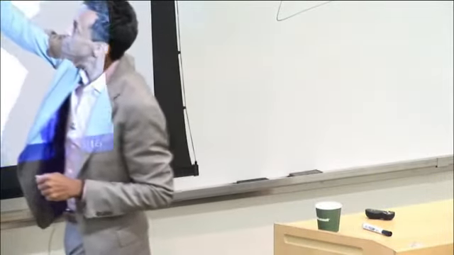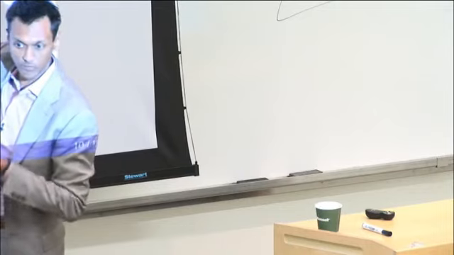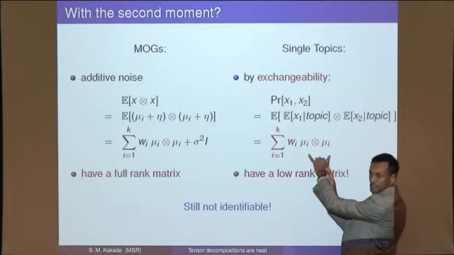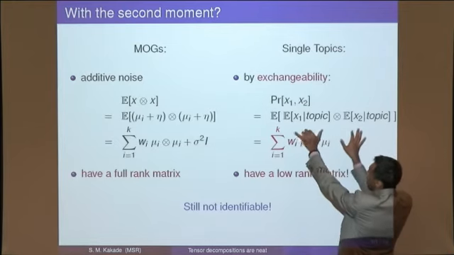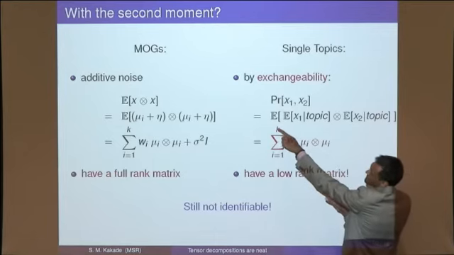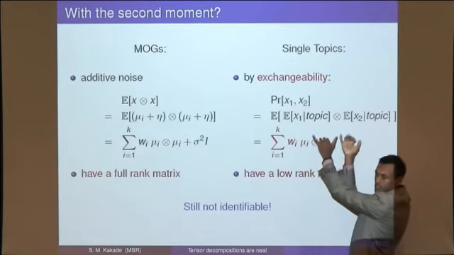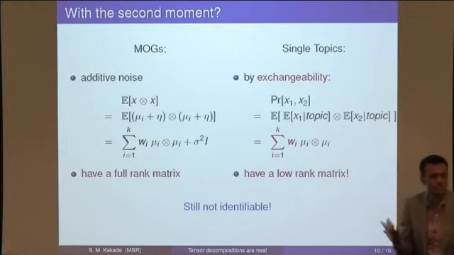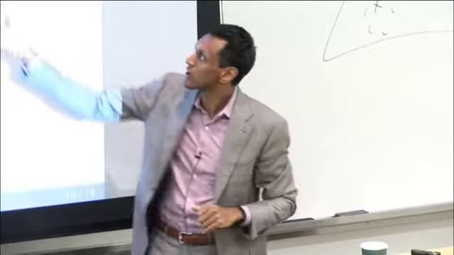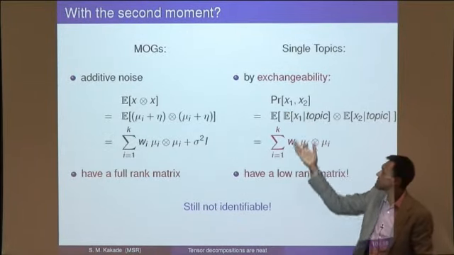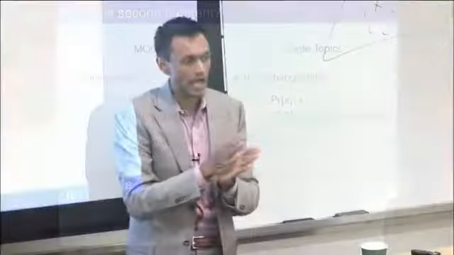So the joint distribution of two words, viewed as a matrix, is just the expected value of x1, x2. Conditioned on the topic, they're independent, and the expected value of x given the topic is just mu i. So the joint distribution, the bigram matrix, is just the average of the mean times mean transpose.